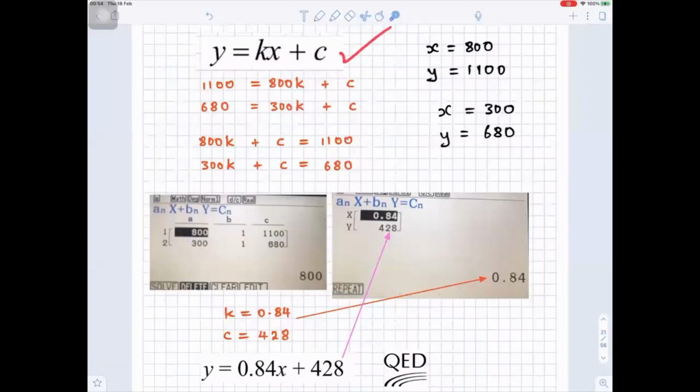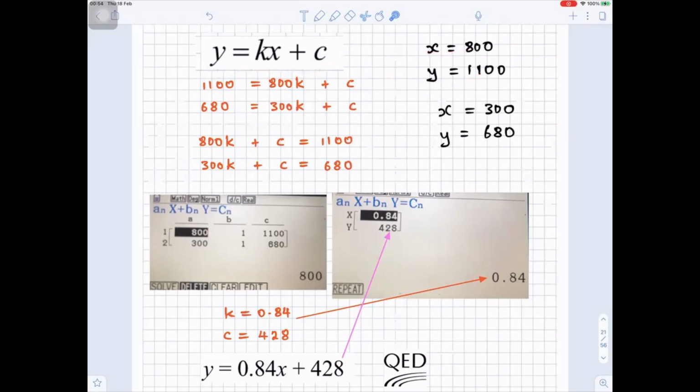So using that equation we had in the beginning, y is 1,100, x is 800, and we have k and we have c. For the next one, y is 680, x is 300, and we have k plus c. So that was 1,100, and that was 800.